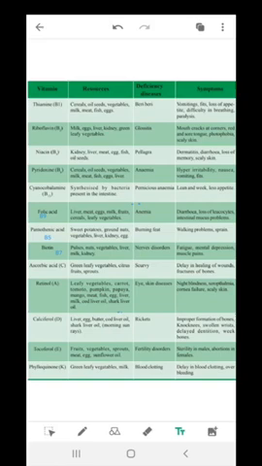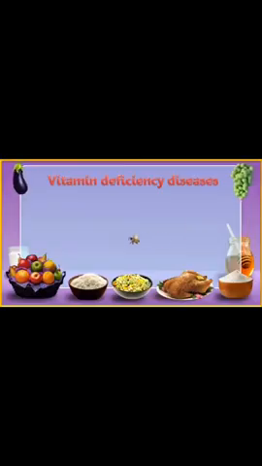Calciferol, rickets is the deficiency disease for calciferol. Tocopherol, fertility disorders. Phylloquinone, delay in blood clotting. So you have to learn the vitamin name, the number, deficiency disease, symptoms, and the resources also. Deficiency diseases.